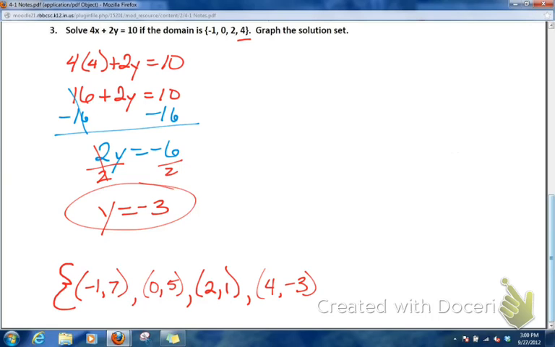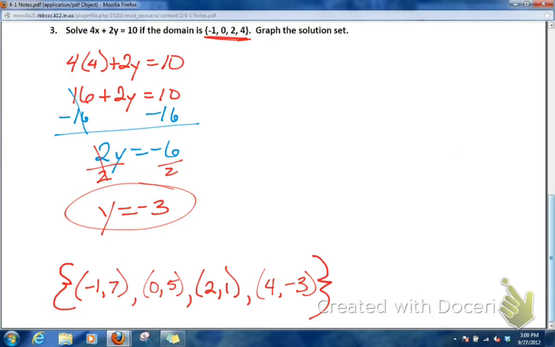Again, I'm going to finish my set notation by closing the brackets at the end. I have a little bit of trouble with bracket notation on that side. So there we have it. We have, based on the domain, the x's that they gave us, the y's we got, created our 4 ordered pairs, and now we are going to graph these.